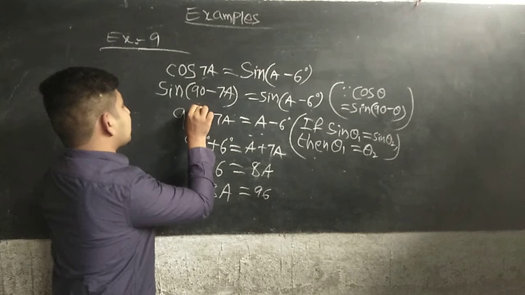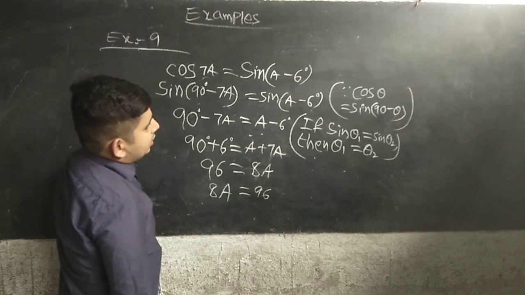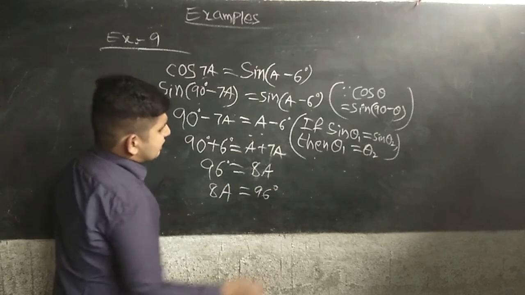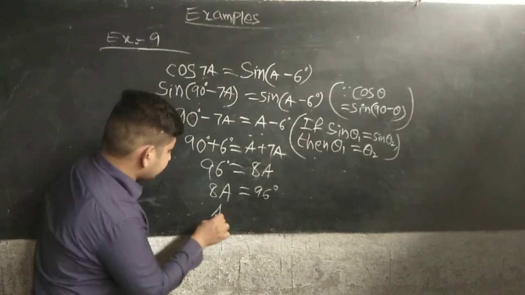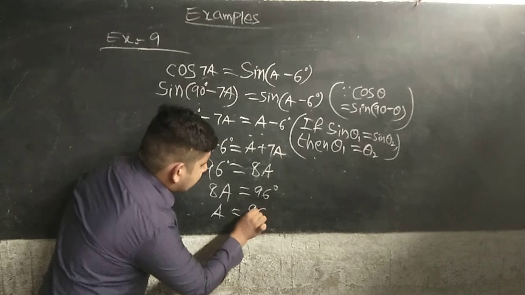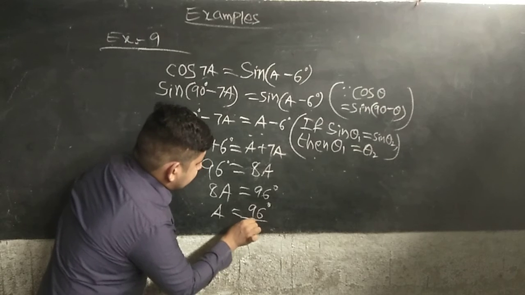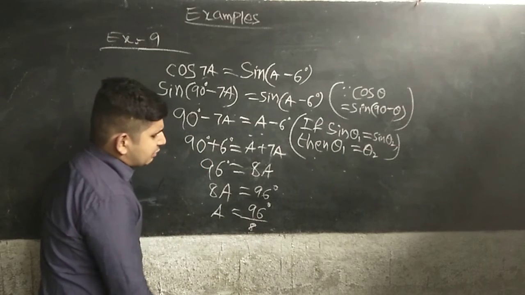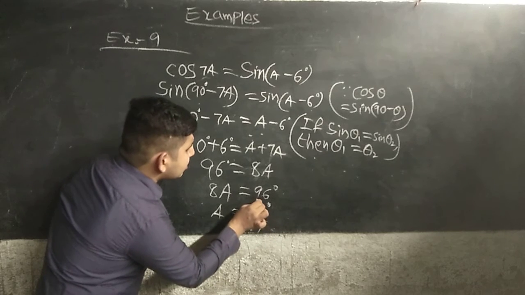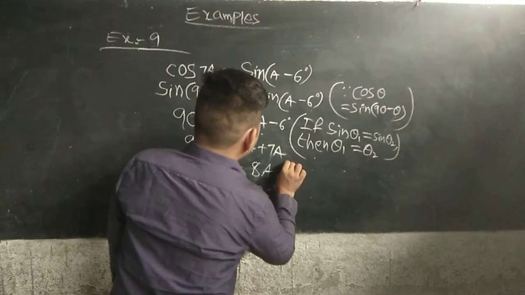Since we are finding an angle, we have to keep degrees compulsorily. So A equal to 96 degrees by 8, that is 12 degrees.